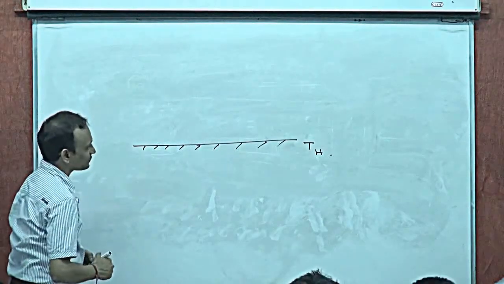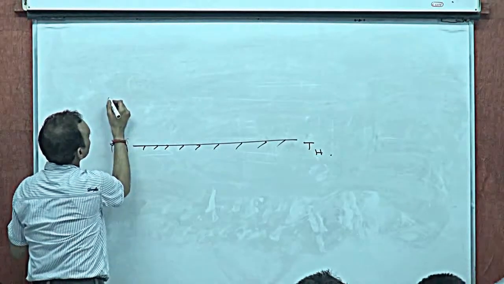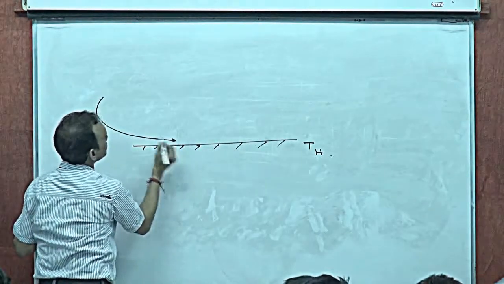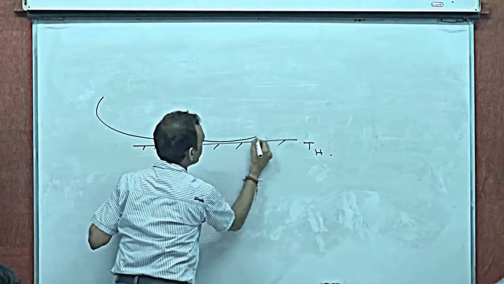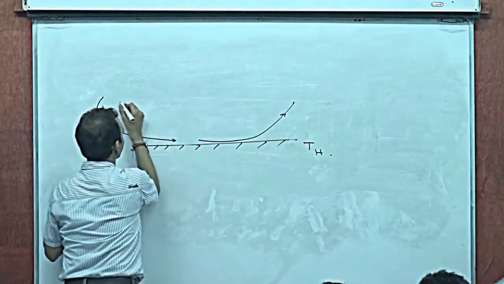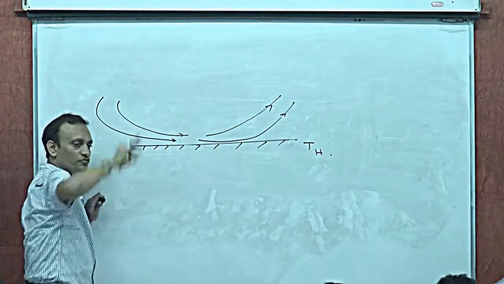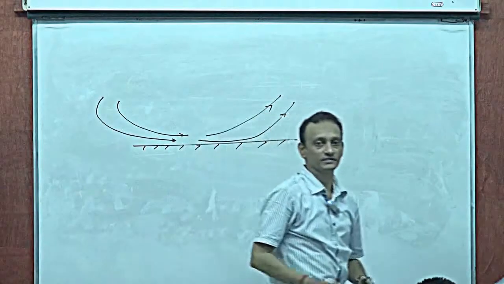And there is a fluid flowing over it. Let's say there is fluid that's made to flow over the surface.